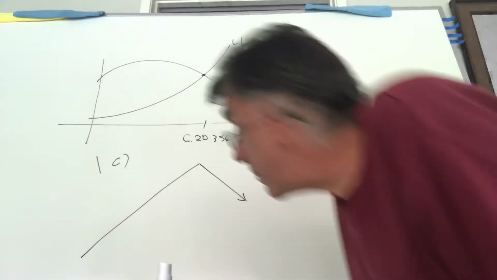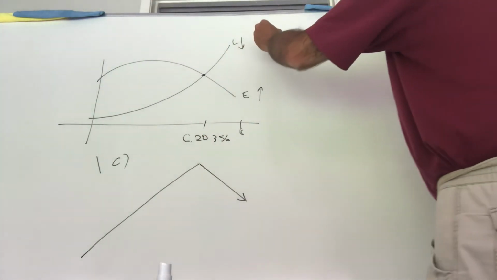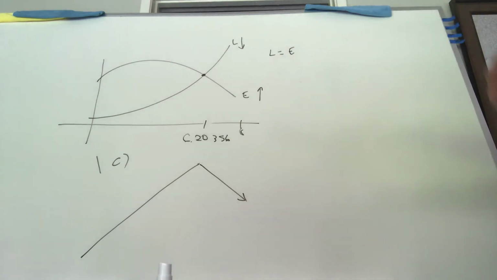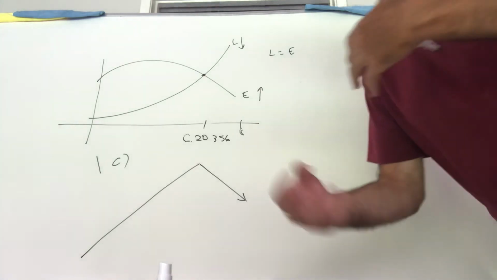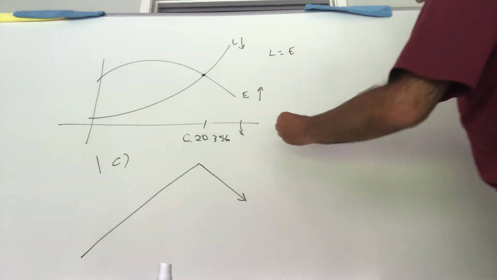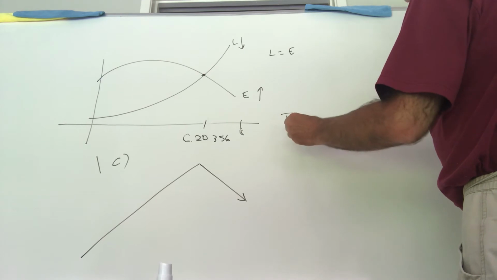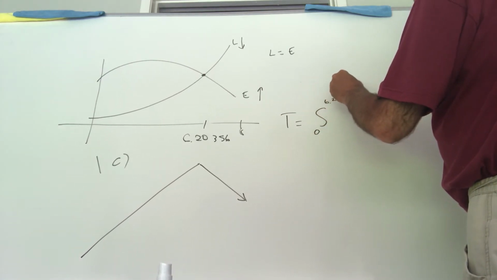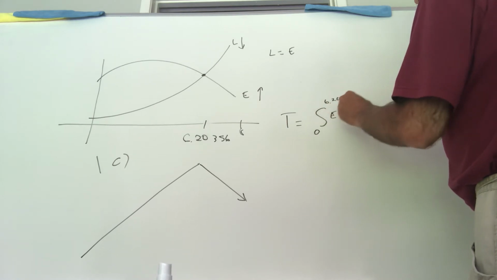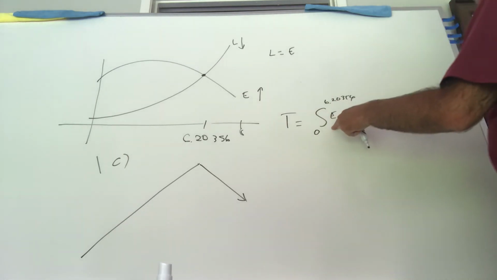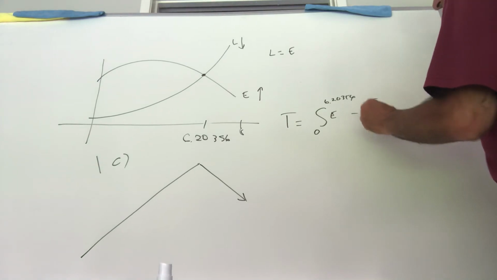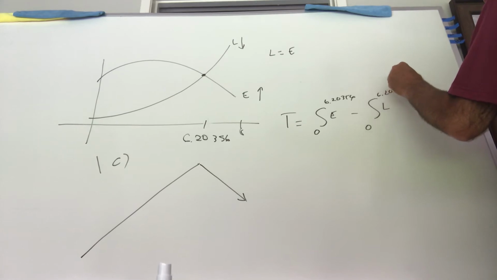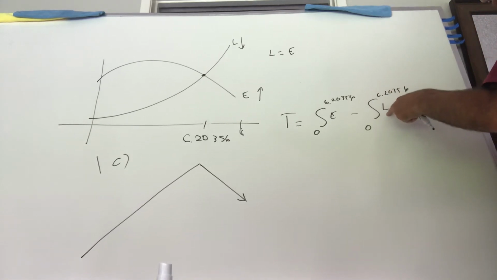Okay, so now, remember what we just said there was when the amount entering equals the amount leaving. Now that is the intuitive way I've always kind of explained it. But really what's happening here is the total number of fish is the integral from 0 to 6.20356 of E, those are the fish that went into the lake, minus the integral from 0 to 6.20356 of L, the fish that leave the lake.